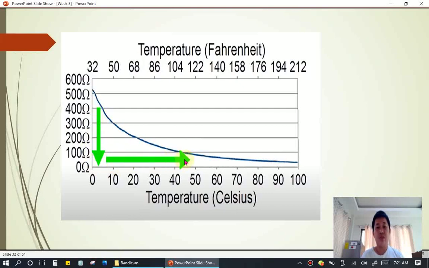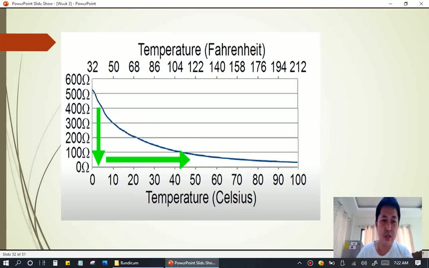That is how to read the relationship between the resistance of the thermistor in relation to the temperature. So this condition is the negative temperature coefficient.